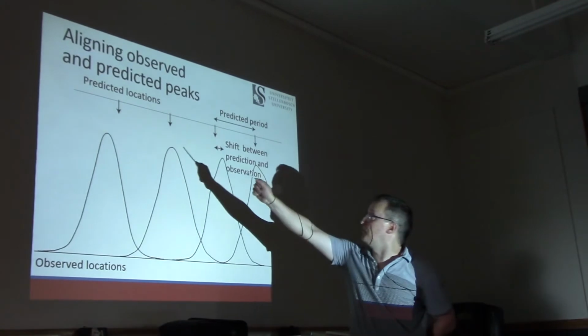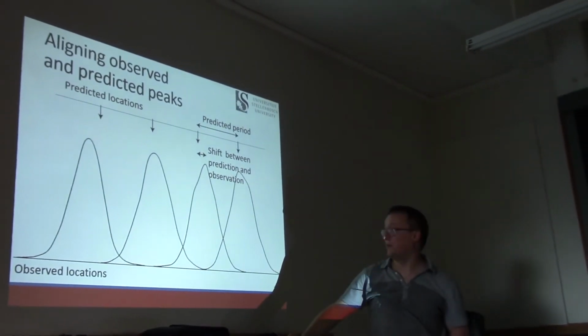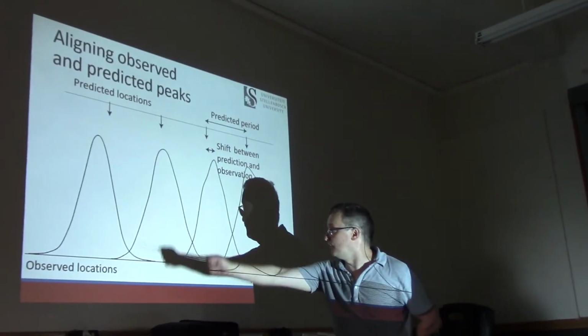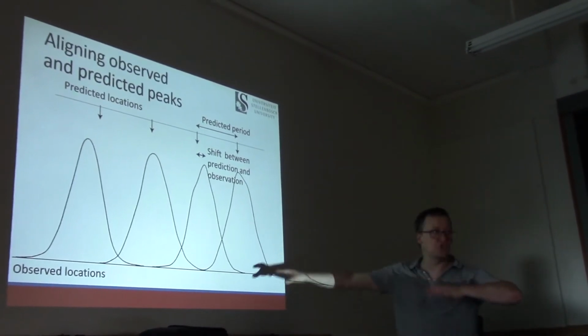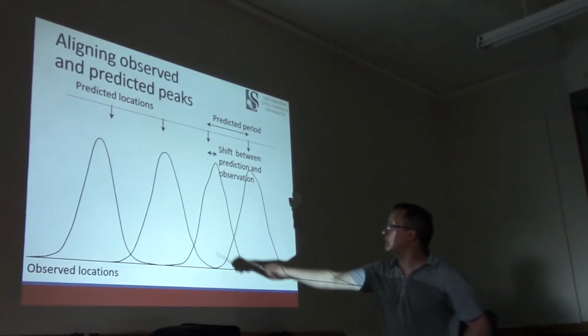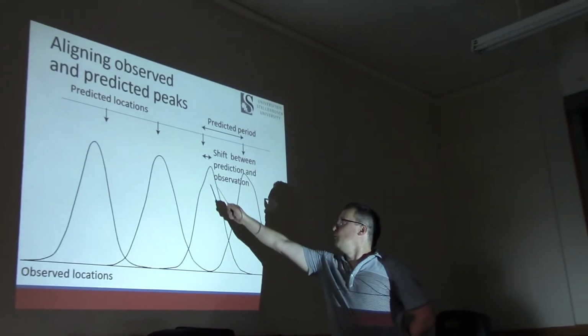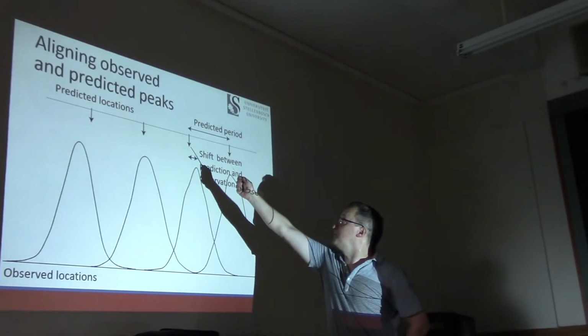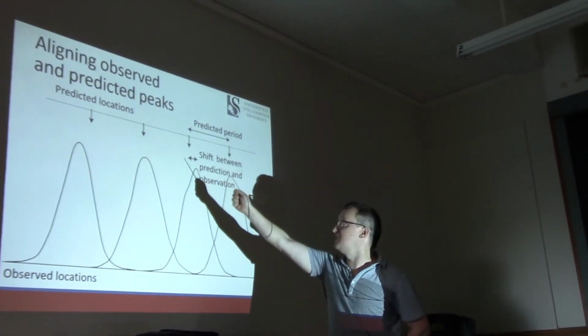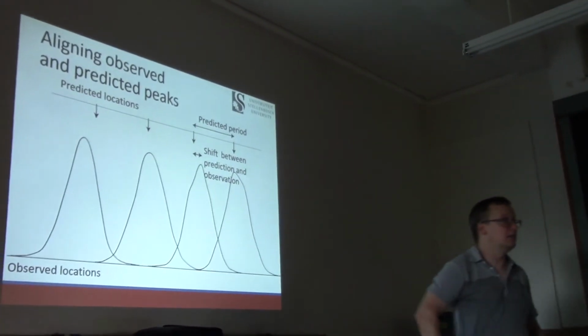So we now have predicted locations where peaks should be, and we have the observed intensity that we've observed in each channel. So when we look at a particular peak, we might find that there's a bit of shift between where we expected that peak to appear in time and where it really did.